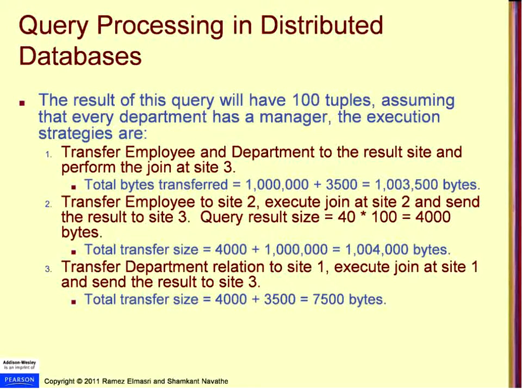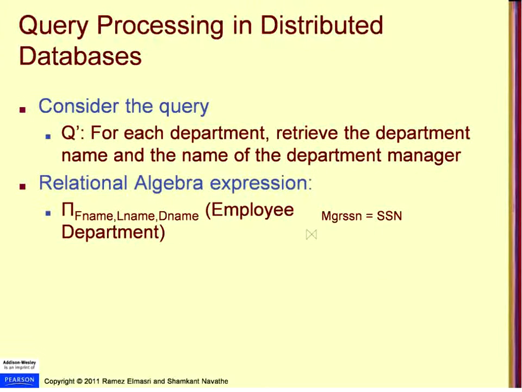Now the result of this query will have 100 tuples. And why 100 tuples? Can anybody tell me why 100 tuples? For each department, find the department name and the name of department manager. Why is it that the results will have 100 tuples?